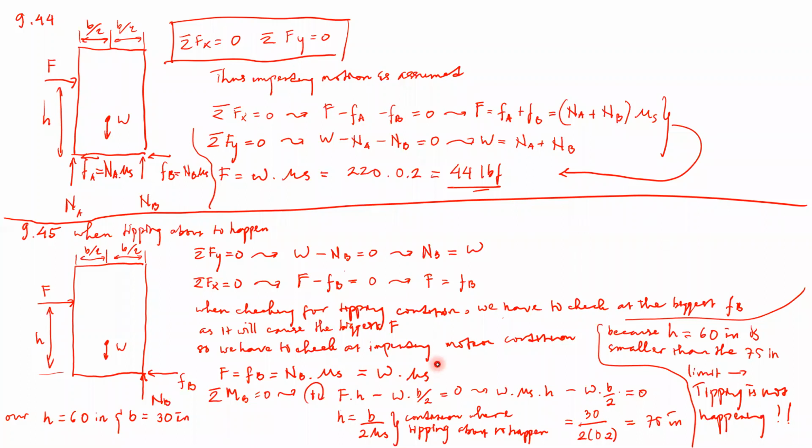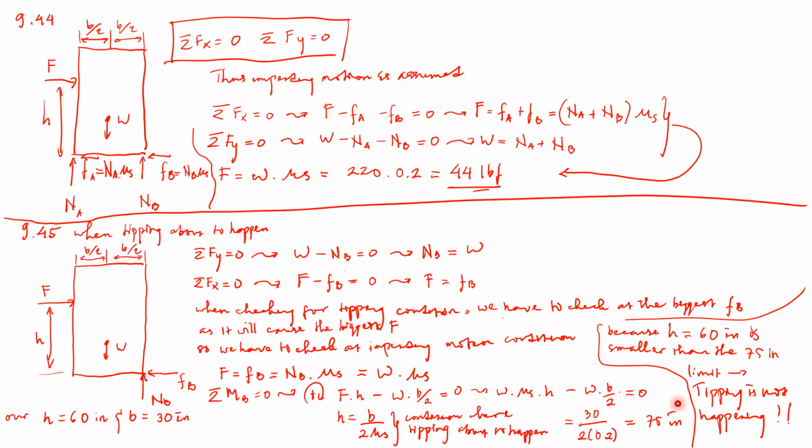Then after that we check for the tipping, because we already know the force for the impending motion. The next thing that we have to check is whether tipping is happening or not for this particular condition. After we check, we know that the limiting height of F is supposed to be 75 inches, which is more than our actual height of F, 60 inches, which means tipping is not happening.